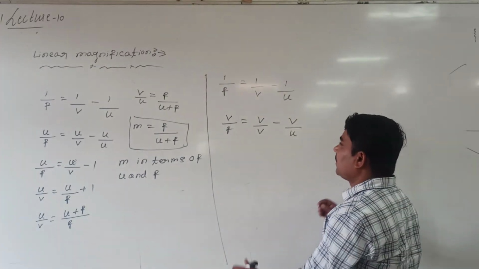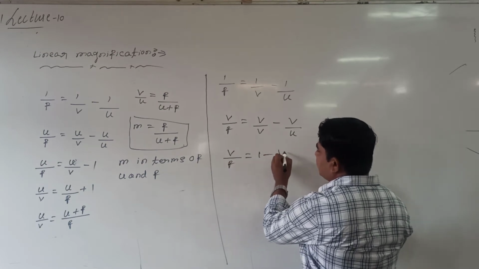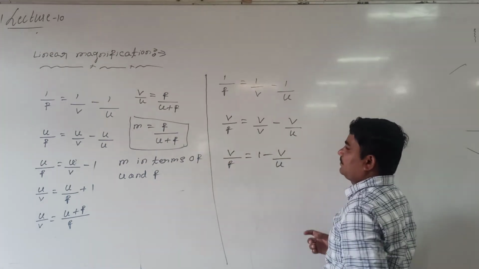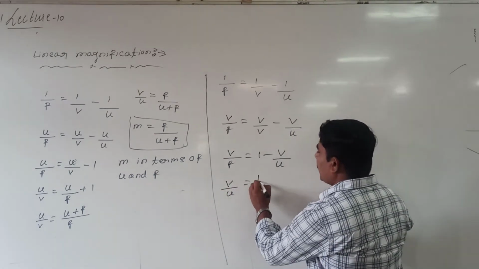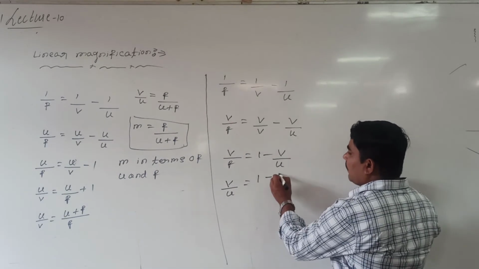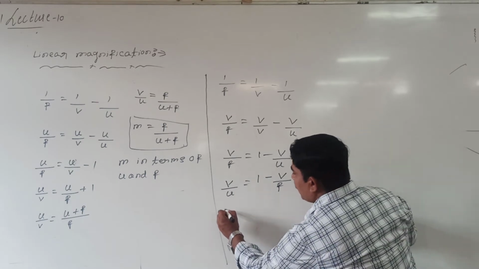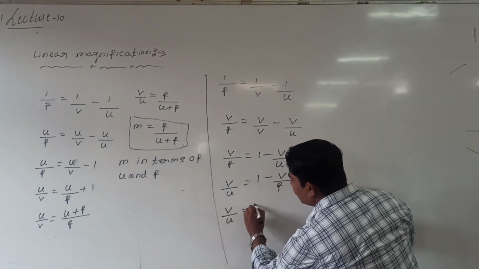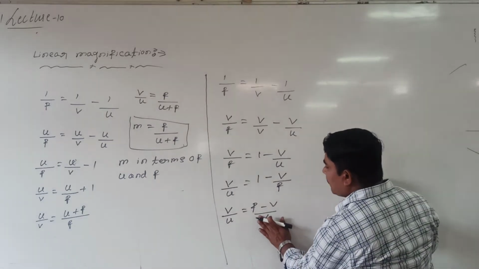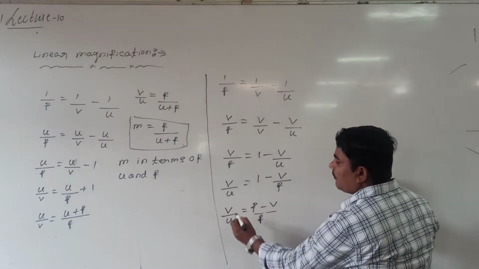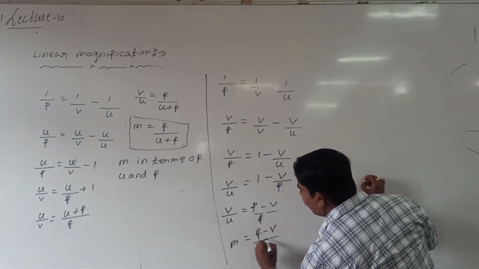Or else v divided by f is equal to 1 minus v divided by u, or v divided by u is equal to 1 minus v divided by f, or v divided by u is equal to f minus v divided by f. v by u is equal to linear magnification, then f minus v whole divided by f.